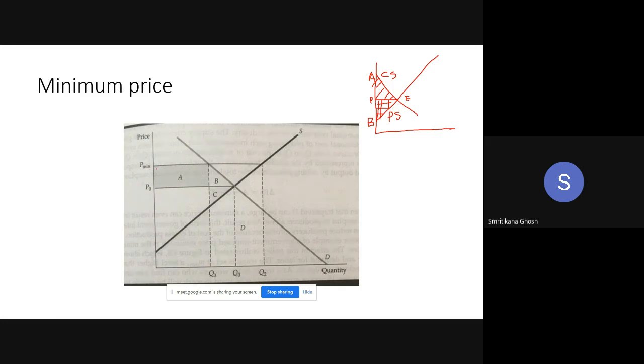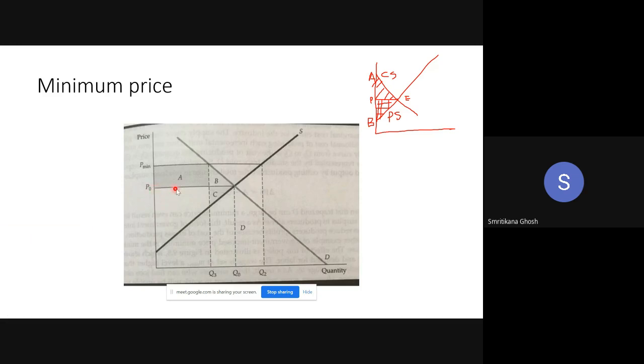Now, if the minimum price is here, we have to compare how the consumer surplus is affected and how producer surplus is affected because of this minimum price policy. Before any such intervention, the equilibrium price was P naught. Let me use the pointer.